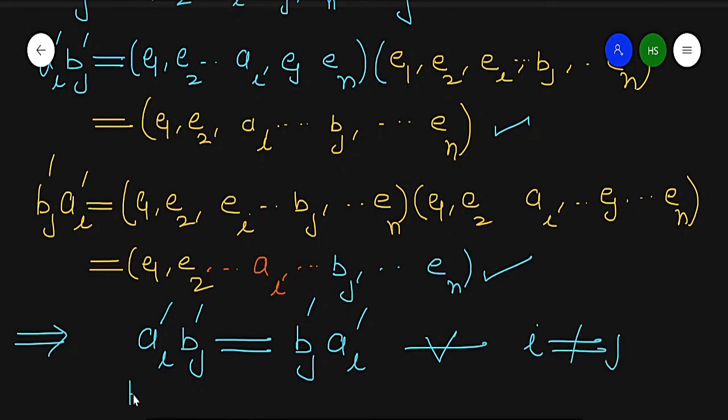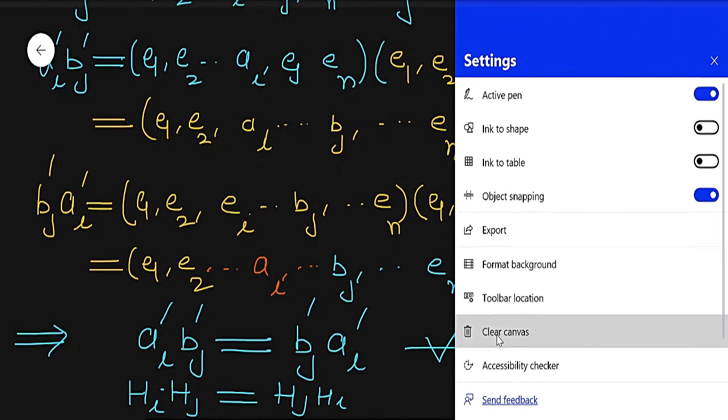It means hi and hj are equal to hj into hi, this product. So remember these values. Now we know that the third part, that is G, can be written as the product of H1, H2 up to Hn, then prove it as uniqueness.